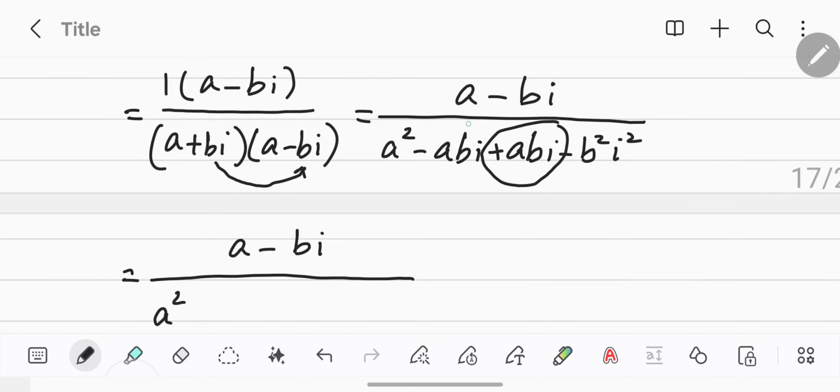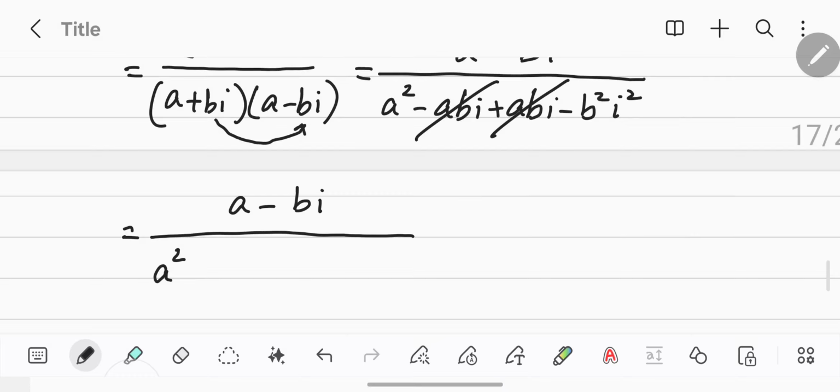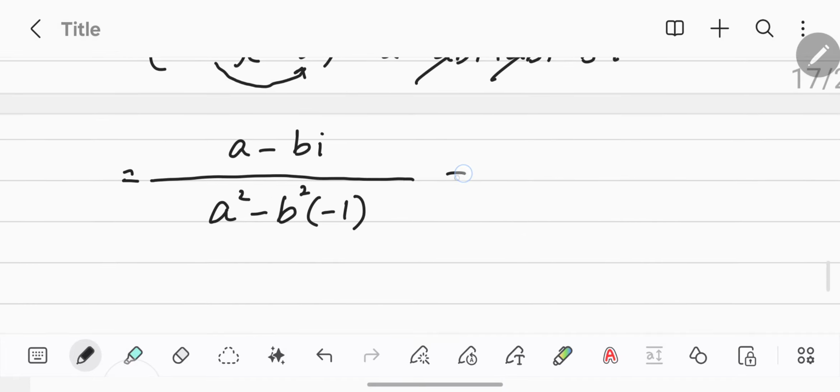Negative ab iota and ab iota cancel because one is with plus and the other one is with minus. You will be left with a square minus b square times minus 1, because iota square is minus 1. This is equal to a minus b iota divided by a square plus b square.